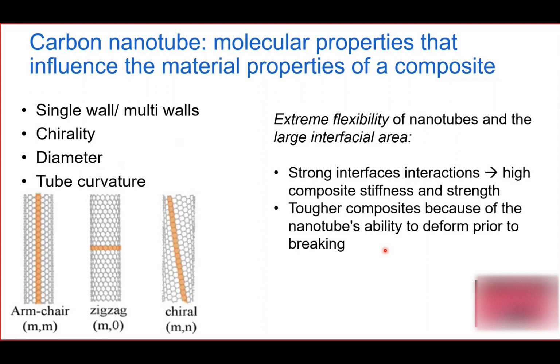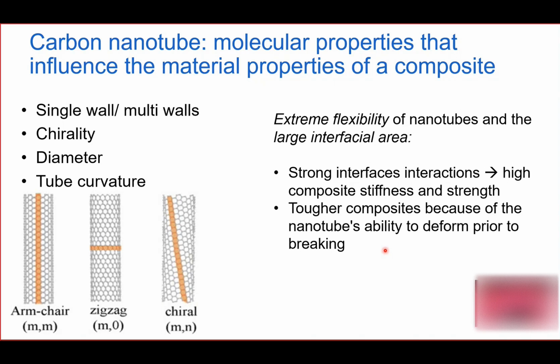They allow us to vary significantly the material properties of the composite due to the variation of their structure. Carbon nanotubes can be single-walled or multi-walled. They can possess chirality, their diameter can be different, their curvature will be different, and of course all of that will affect how our composite material performs.